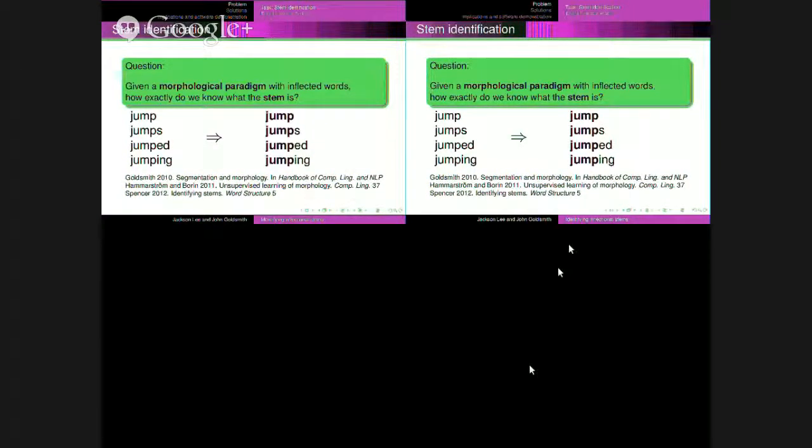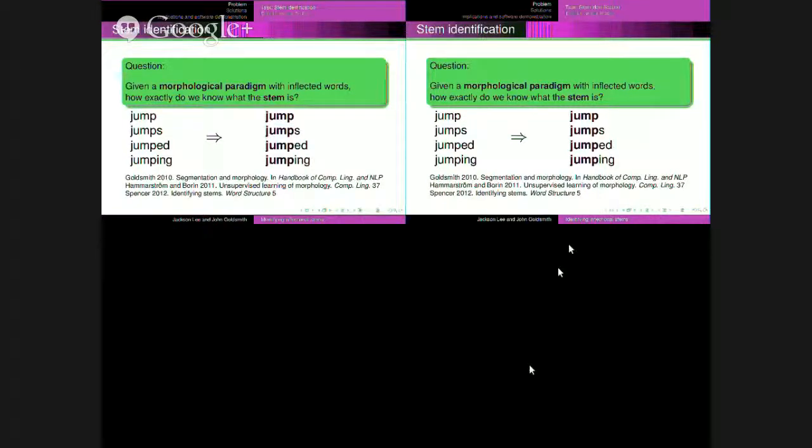Without any prior knowledge of the language, without meaning whatsoever, the best that you can say is, oh, we observe that these four words share this common material, which we might call the root material or the stem material. So that's the intuition.